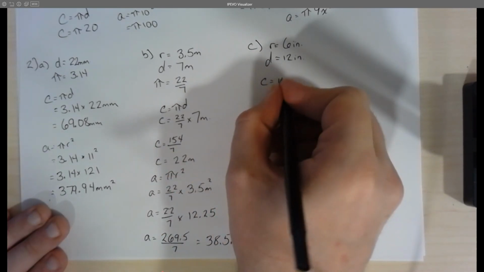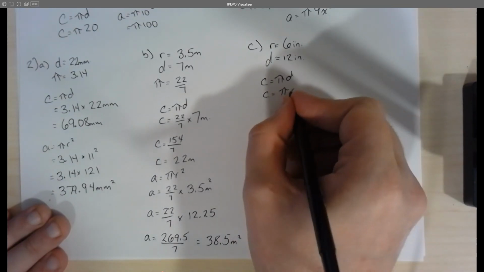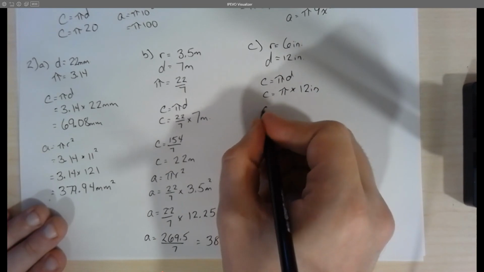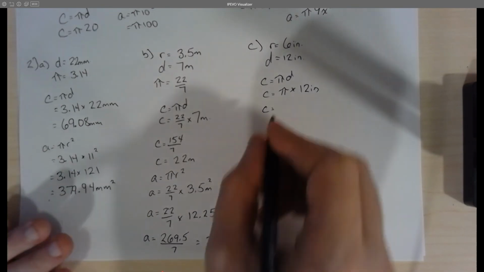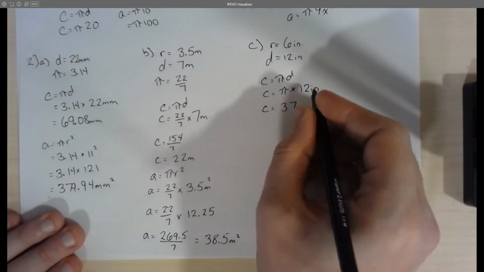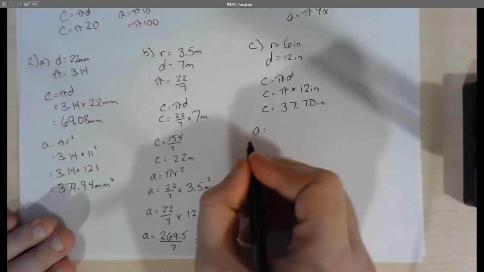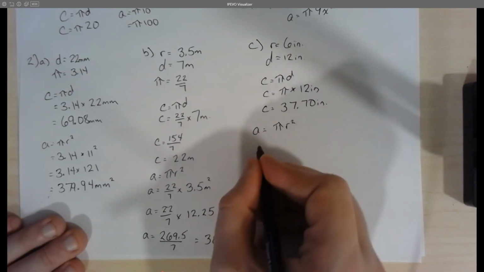So circumference equals pi d, circumference equals pi times 12 inches on the calculator. When I type that in, at least for myself, it gave me a circumference of about 37.70 inches. For area, in this case, area equals pi r squared.